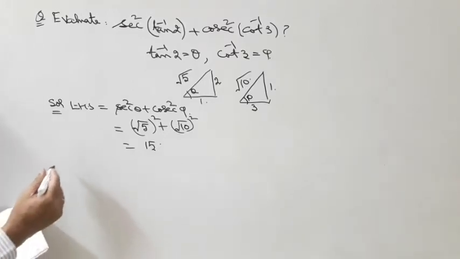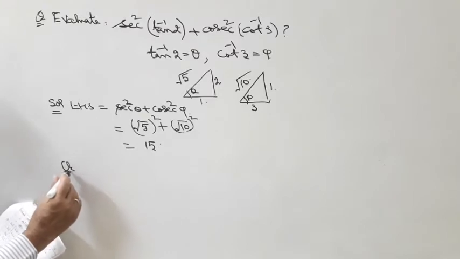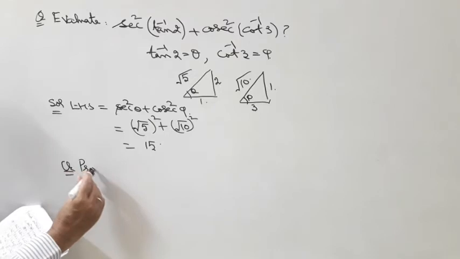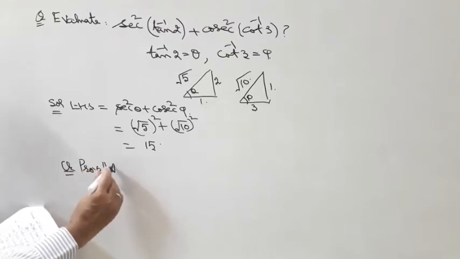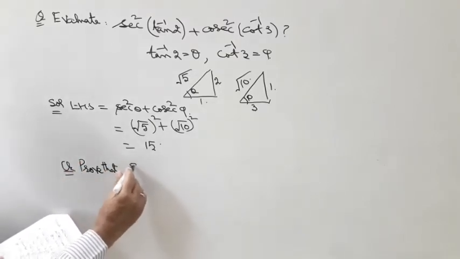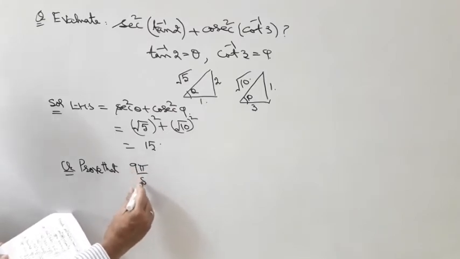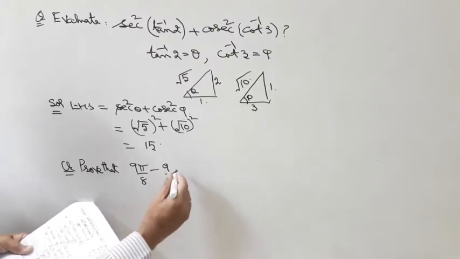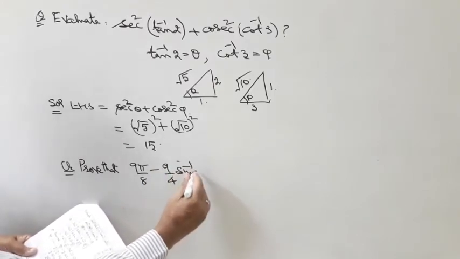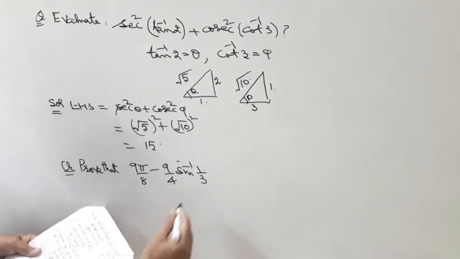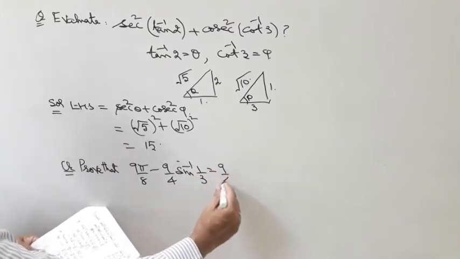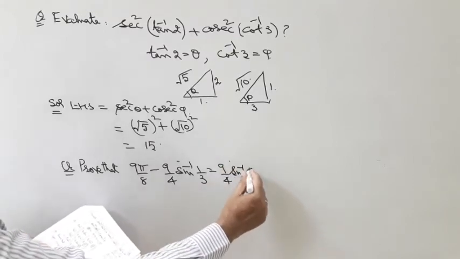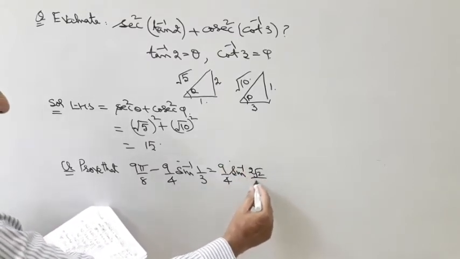Now take up again a question. I am dealing with some typical examples. Prove that 9 pi by 8 minus 9 by 4 sine inverse of 1 by 3 is equal to 9 by 4 sine inverse of 2 under root of 2 upon 3.